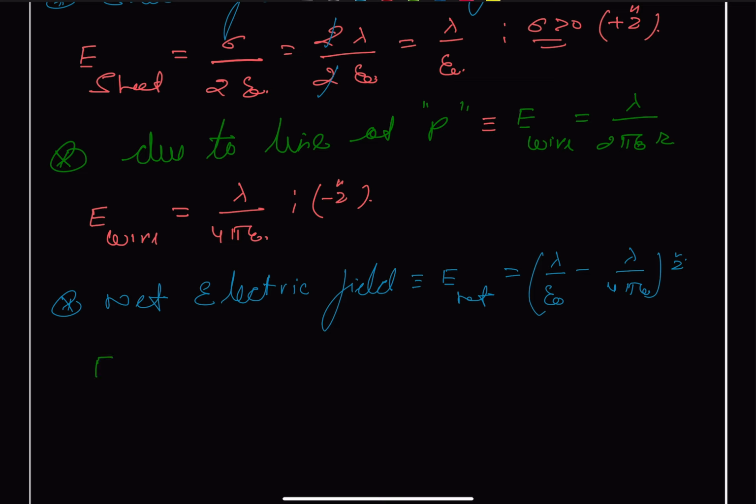So we get electric field net will be equal to lambda upon epsilon naught, and this comes as 1 minus 1 upon 4 pi, and we have this as z unit vector. So this is the net electric field.